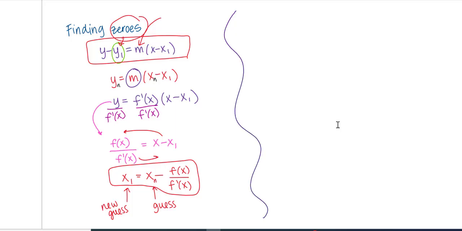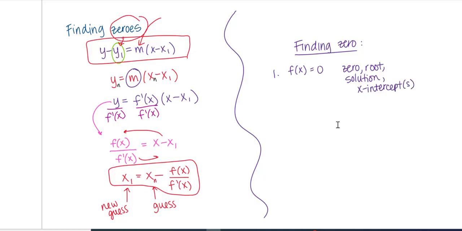Okay, so since I'm saying that we're finding zeros, when might I be finding a 0? Well, if I'm using the original function, I'm looking for that 0, that root, the solution, or the x-intercept. Since we are in the reals, all of these mean the same thing.